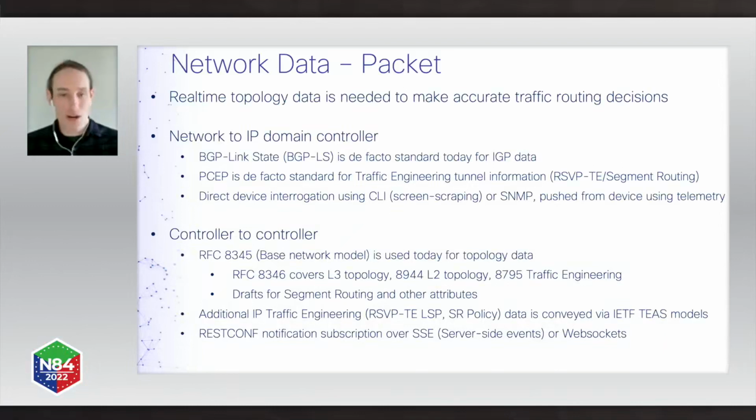We also have TEAS models that describe in great detail traffic engineering networks. And there are also hooks between the TEAS models and the standardized network models so that we can combine them into a really rich network model. And I think what you'll find is, like I said, most IP controllers have coalesced on these models in order to describe and consume network data.